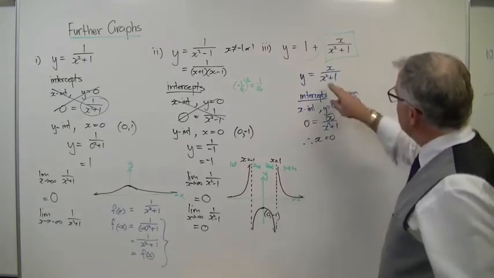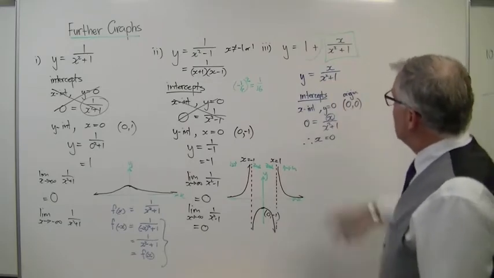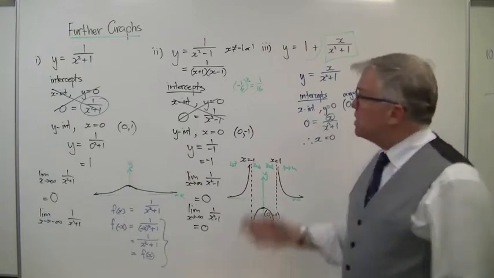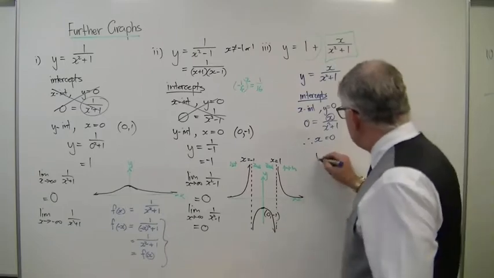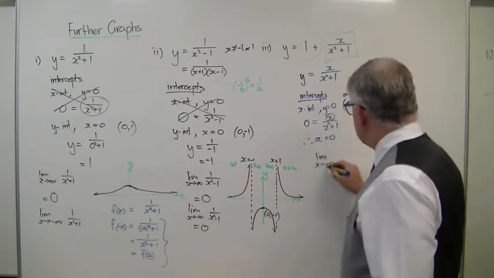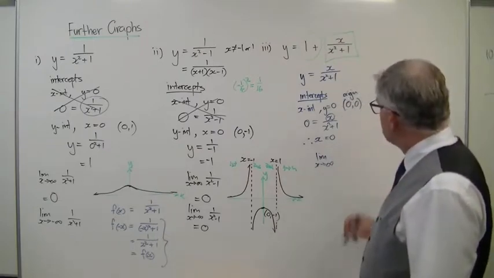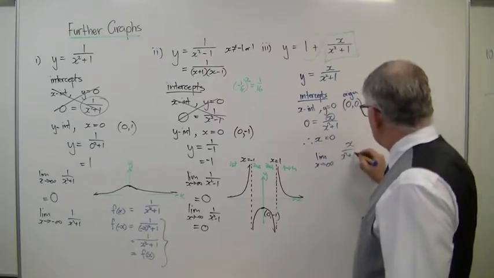Now let's see what happens to this function as x becomes very, very large. From what we've done before on limits, we should be able to see the limit of this function, x on x squared plus 1, as x approaches infinity.